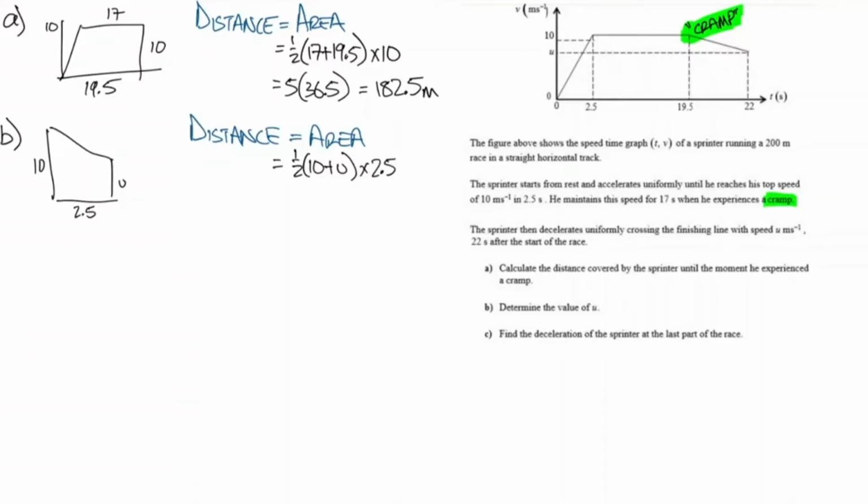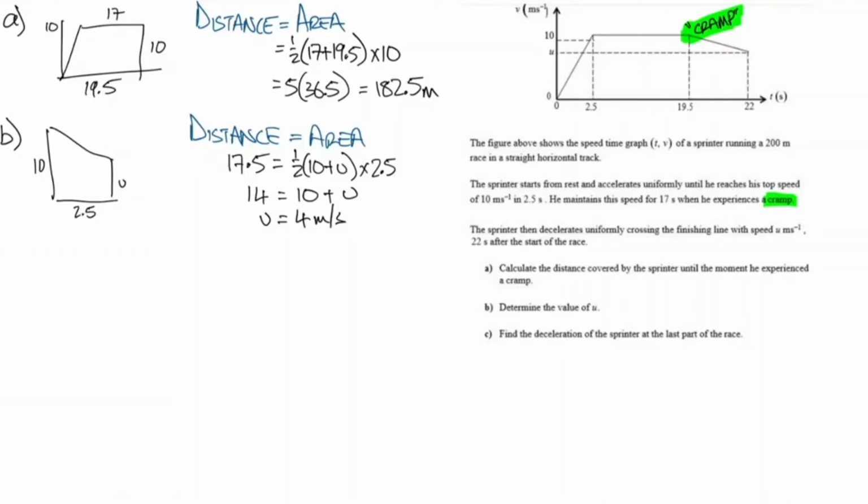So the formula is half times the sum of the parallel sides multiplied by the distance in between them. We're setting a distance of 17.5. And really from here, we're just going to tidy up and rearrange. So multiplying both sides by 2 and dividing by 2.5 gives us something very simple to rearrange. And we get a value of u that is 4 meters per second.